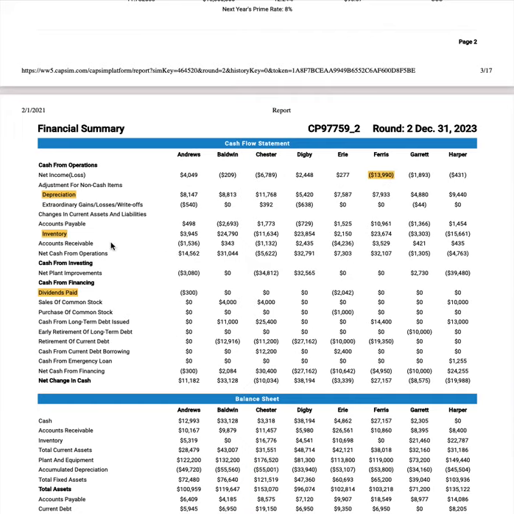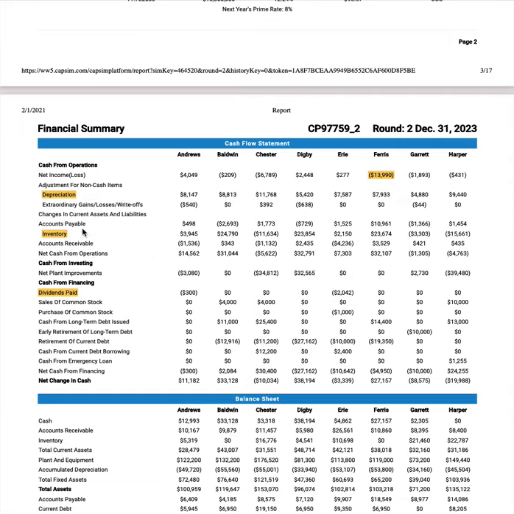Next, we have the depreciation. Depreciation is when you invest in plant, buildings, equipment. Those things depreciate each round. So just make sure that you fully utilize the capacity that you purchase to make profit, because each year everything depreciates and that costs a lot of money.